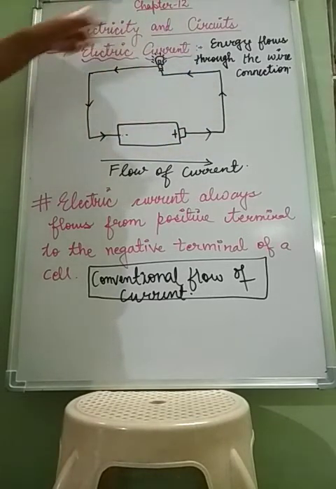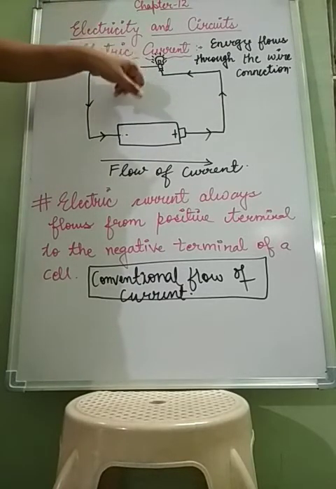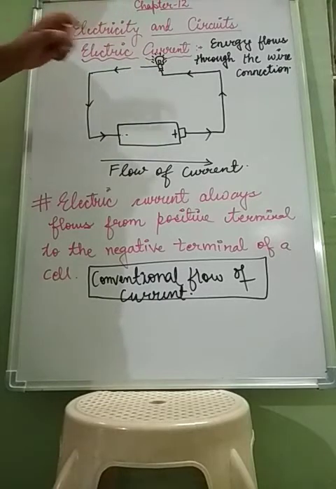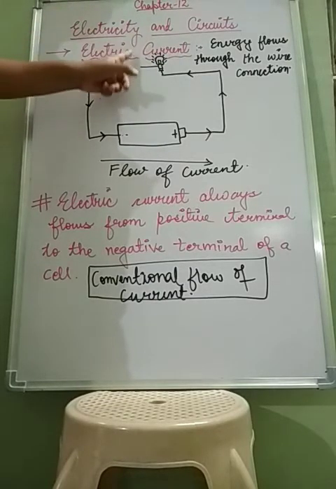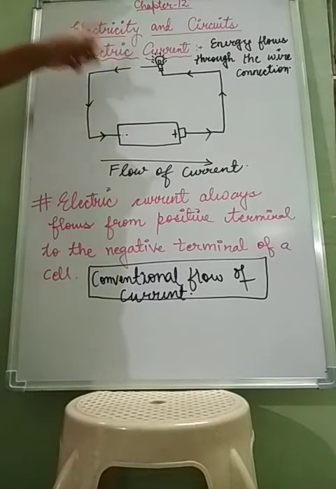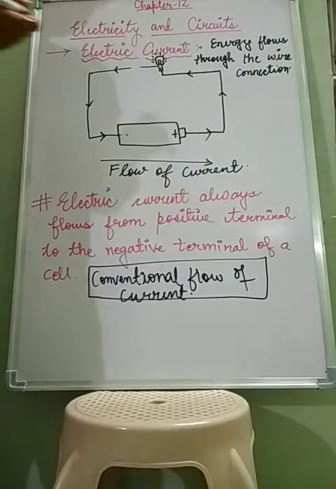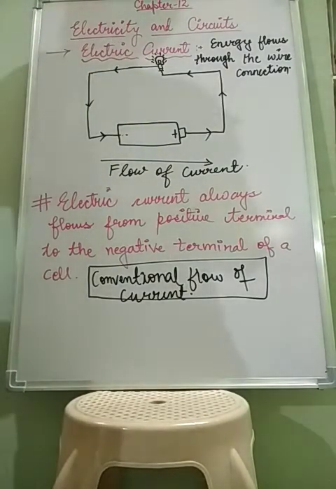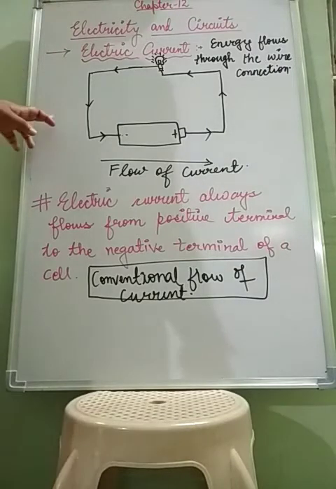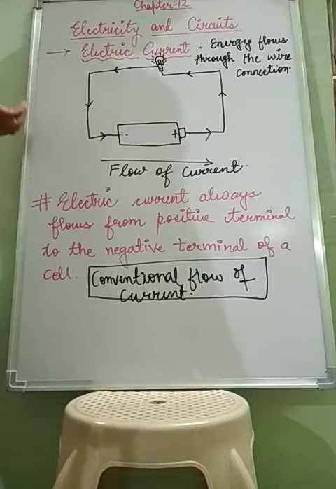If this loop is not complete, if there is any breakage in this loop, suppose here if I do not join it, then what will happen? This bulb will not light up because here the connection breaks. So you need to take care whenever you are drawing any electrical circuit that the connection should be complete.